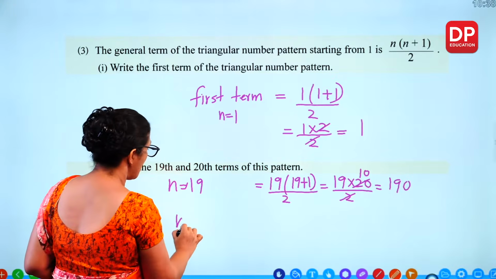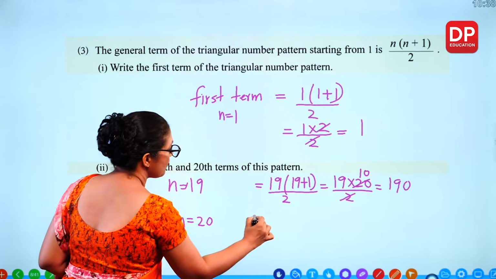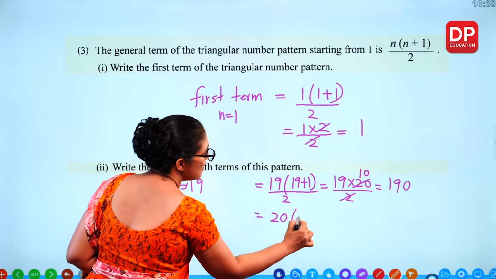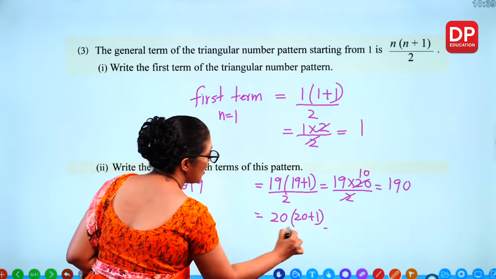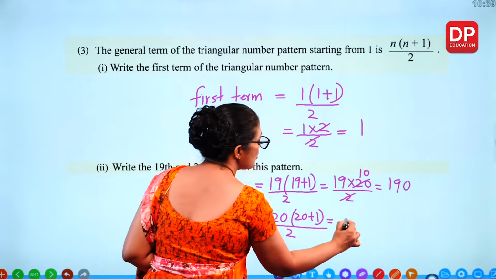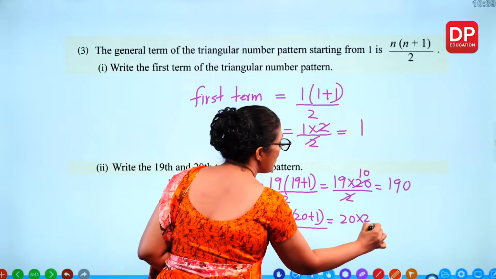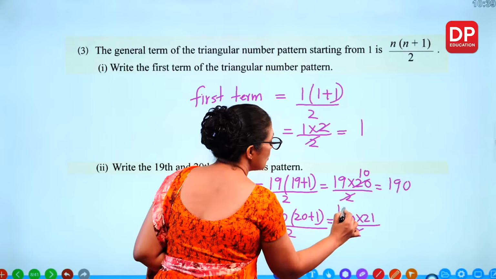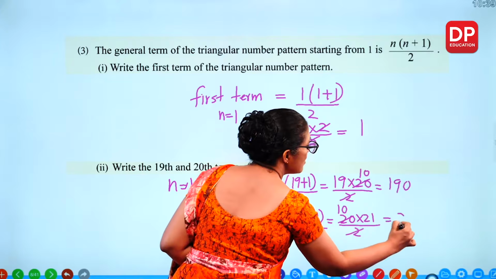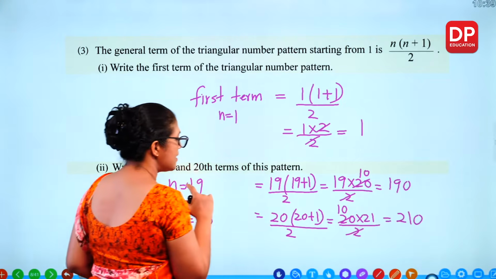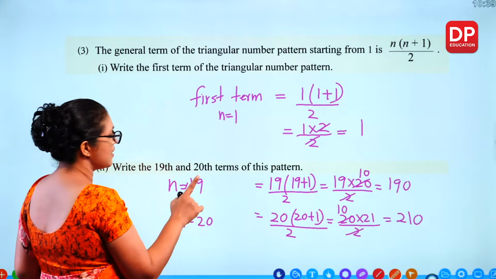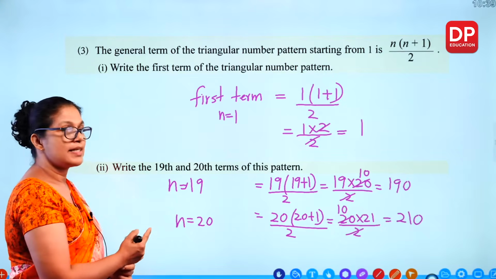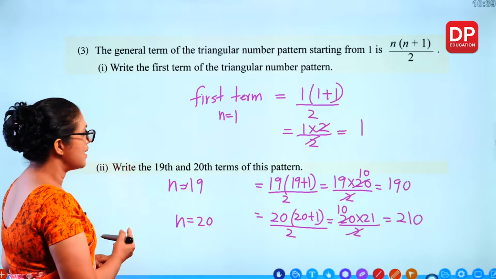If this is 20, substitute 20: 20 times (20 plus 1) divided by 2. You get 20 times 21 divided by 2. 10 times 21, you get 210. So the 19th term is 190, the 20th term is 210.